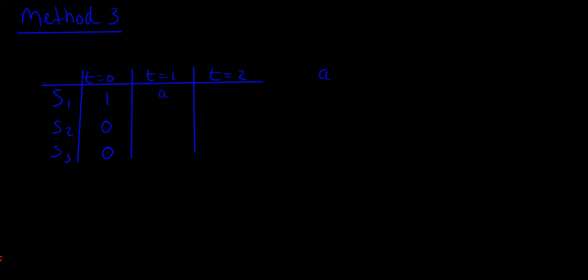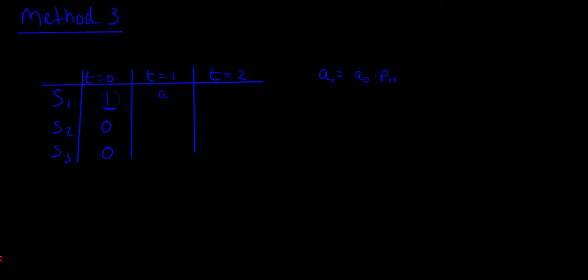Well, A at 1 is calculated by looking at A at 0, so that is this value, multiplied with the transition of going from state 1 to state 1.